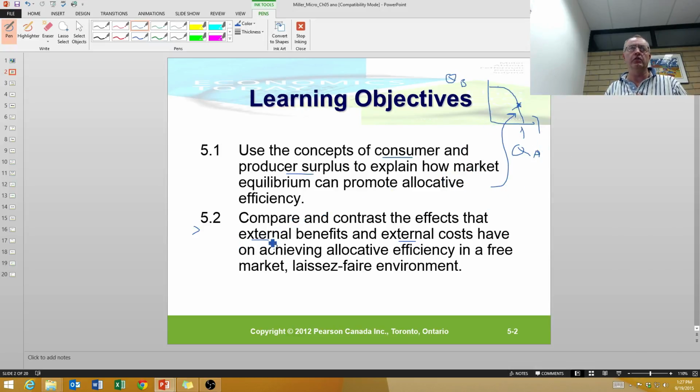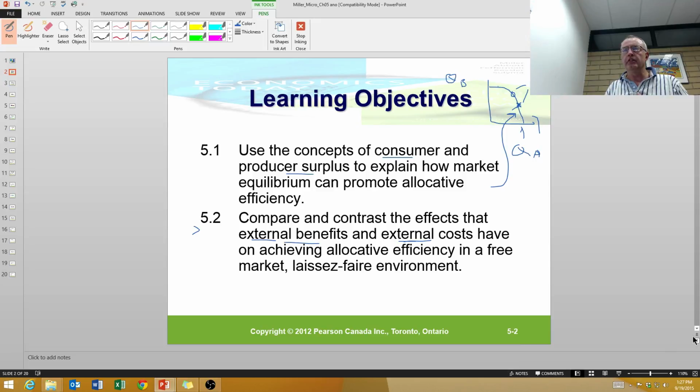So if we have so-called external benefits, otherwise known as positive externalities, or external costs, otherwise known as negative externalities, we end up at a point someplace else on the production possibilities curve other than this point of allocative efficiency.